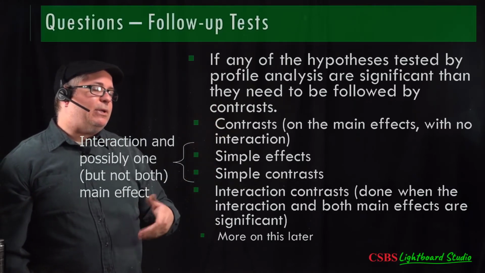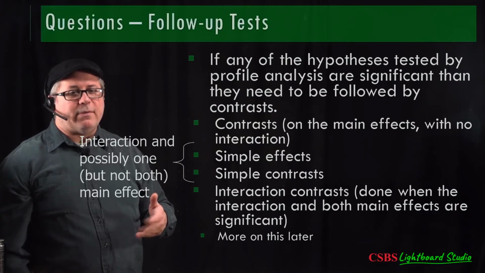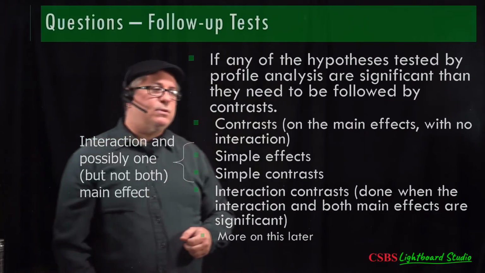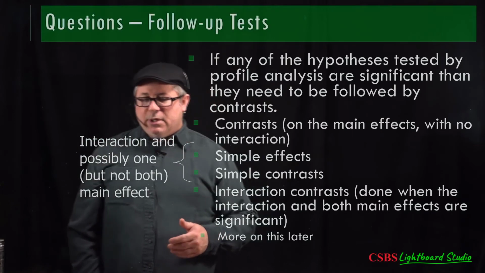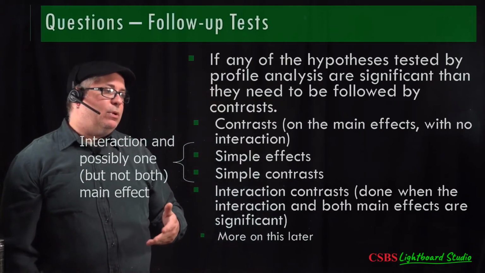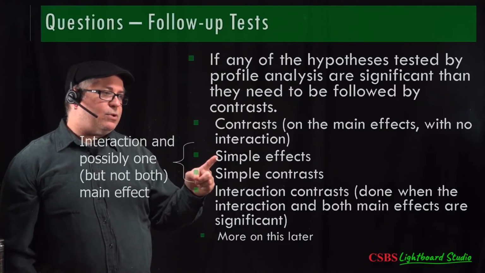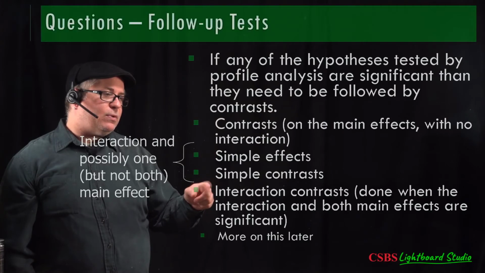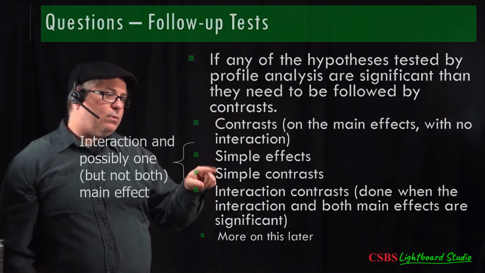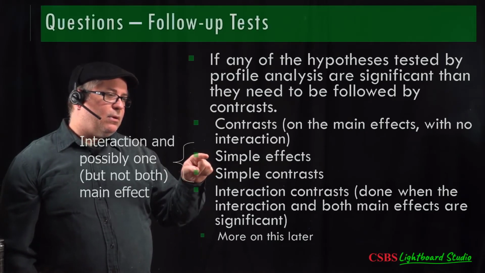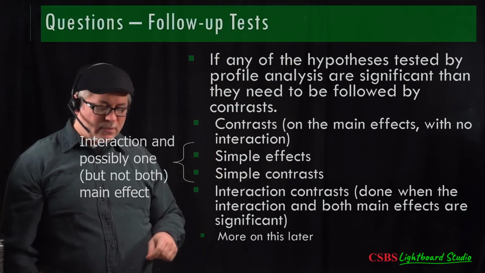Now, like with any main effect, you have to have more than 2 times or more than 2 levels or 2 groups in order to need a follow-up test. But assuming you do, you're going to look at things like simple effects for the interaction, right? You're going to look at simple contrasts. Yeah, simple effects and simple contrasts are going to be the 2 follow-ups.